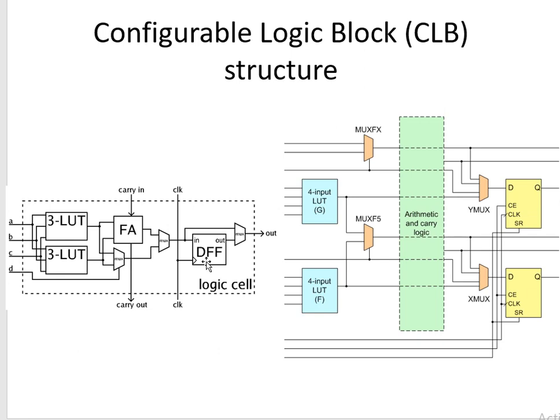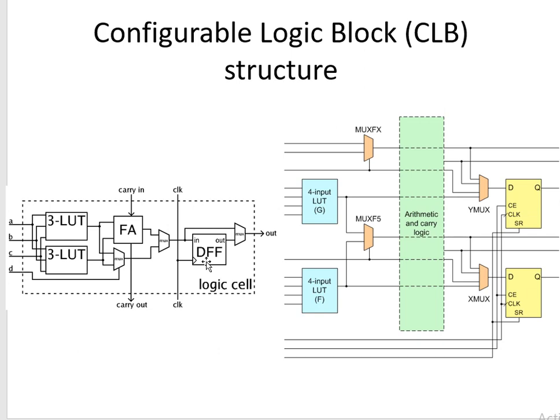This SRAM memory has 1 bit of data in each cell, or in each address, but the number of addresses is determined by the number of inputs. For example, if we write 3-LUT, it means that the number of inputs is 3, A, B, C, for example.